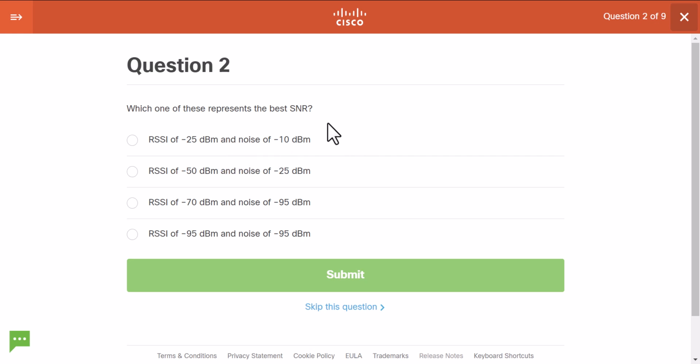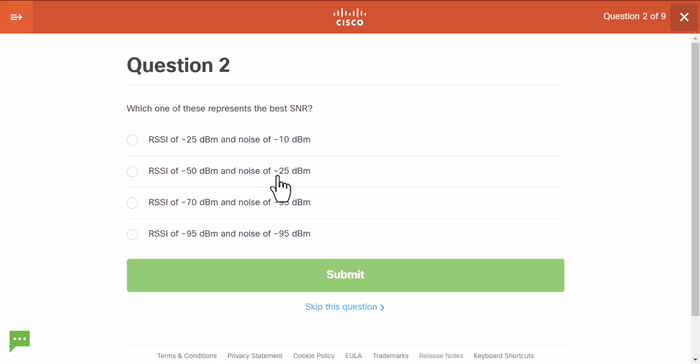And in order to calculate SNR, signal to noise ratio, we need to take the value of RSSI and from it subtract the value of noise. Because we are dealing with negative values here, in the first case we will take minus 25 and we will do minus minus 10, so it means plus 10, and we get minus 15 dBm of SNR. So minus 15 here, okay, it's quite low.